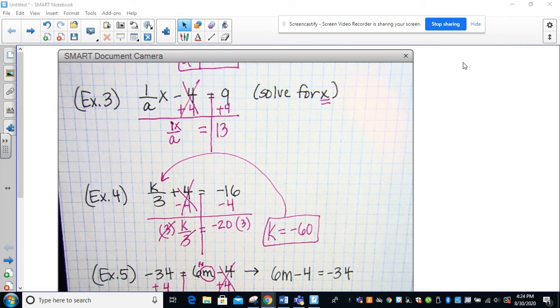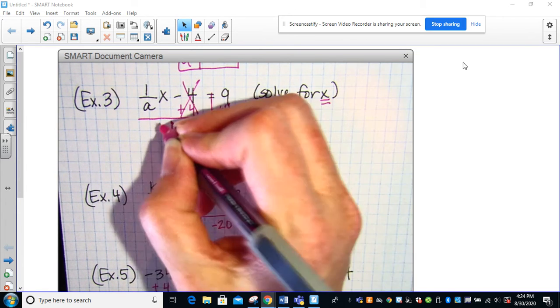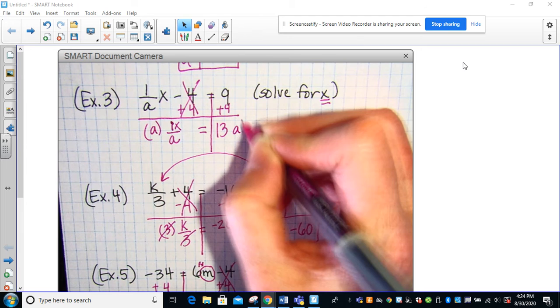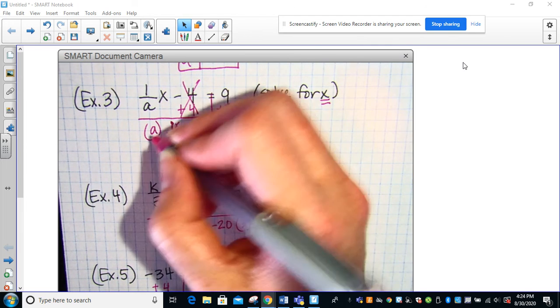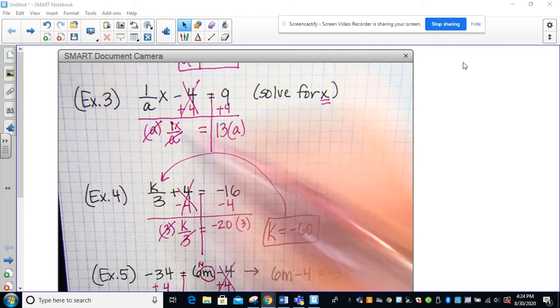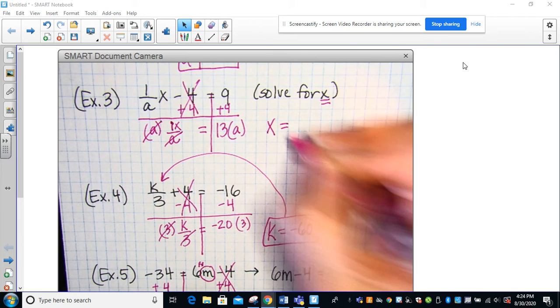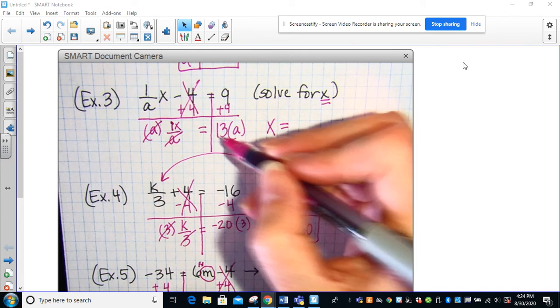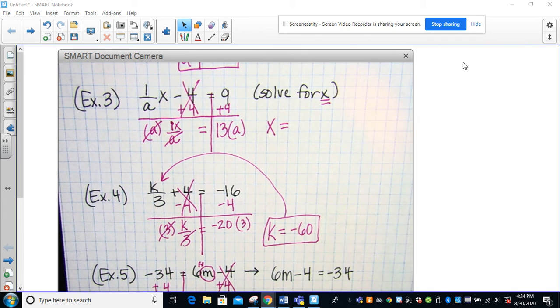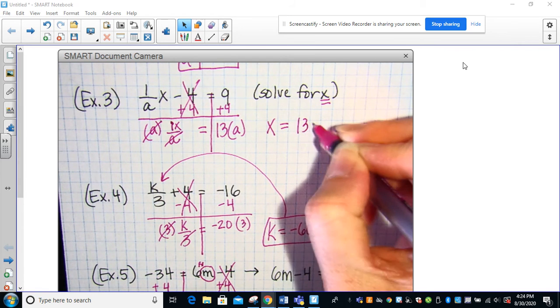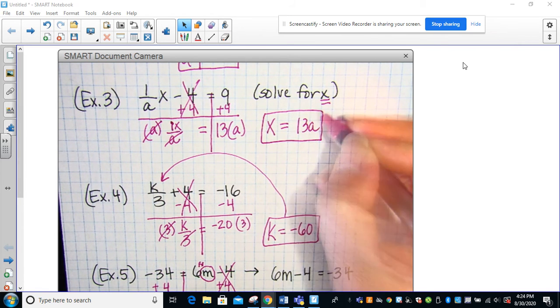So it's just divided by a, so the inverse of that is to multiply by a. So those are gone. 1x is the same thing as x, so we're good. That's what we wanted. And then 13 times a, we can't put those together except to just put 13a.